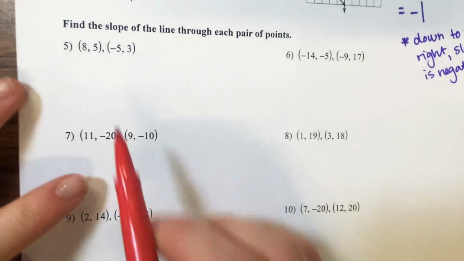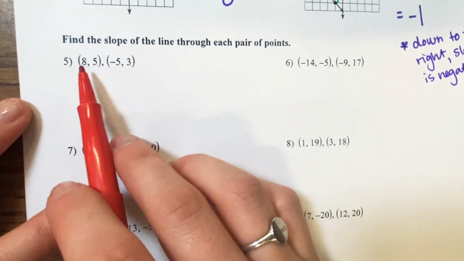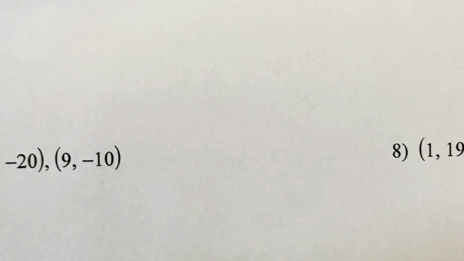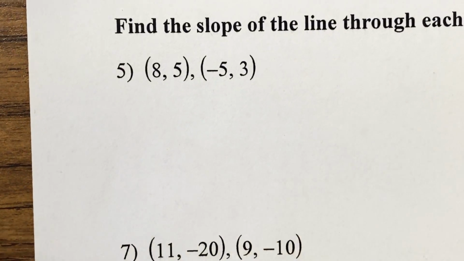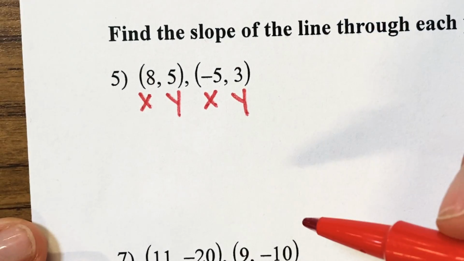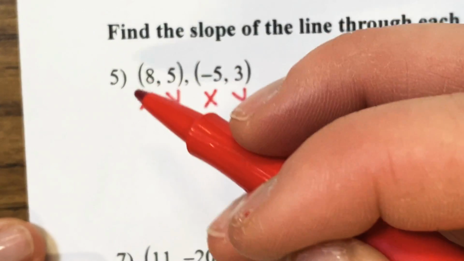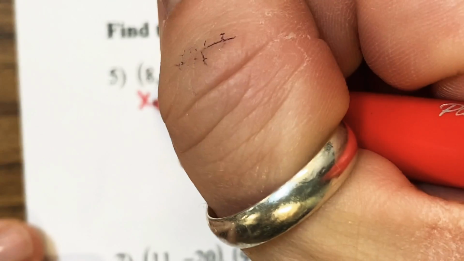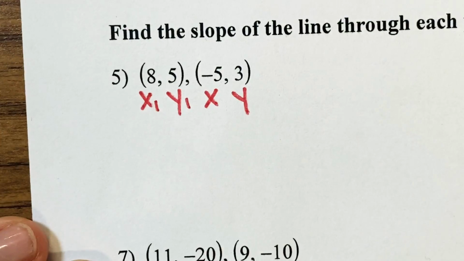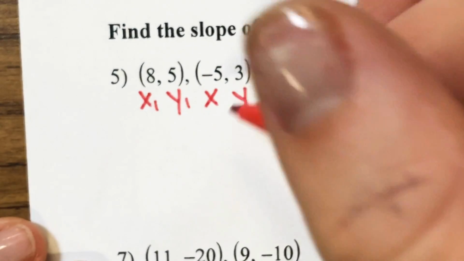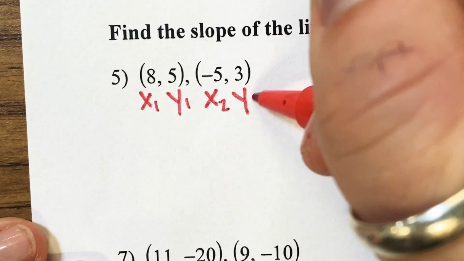Your X point is always the one that comes first, so X, comma, Y, X, comma, Y. Since this is your first coordinate, label that X1 and Y1. Since this is your second coordinate, label that X2 and Y2.